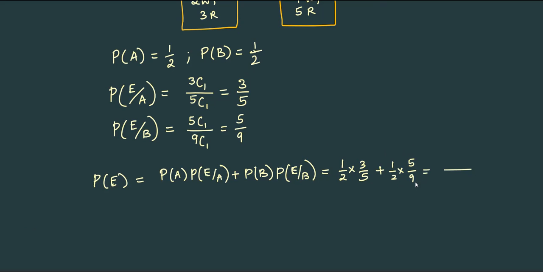This will be 10 and 18, so 90 is the common multiple, and then this is 3 into 9 plus 5 into 5. So 27 plus 25, that is 52 upon 90.